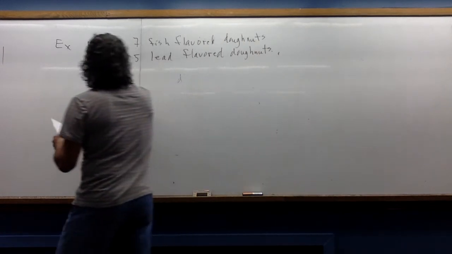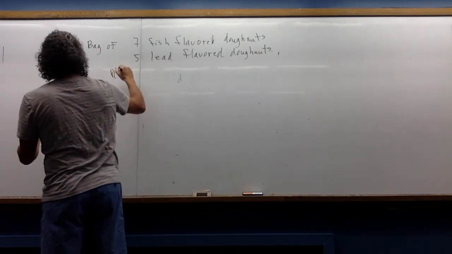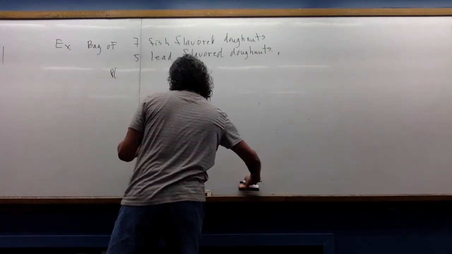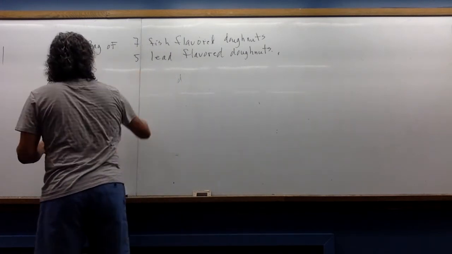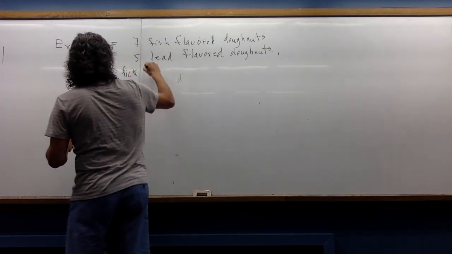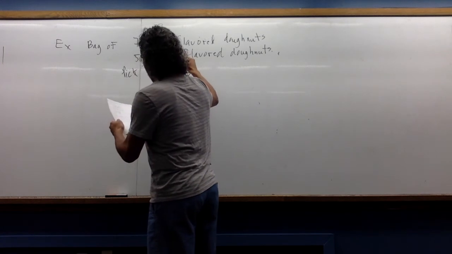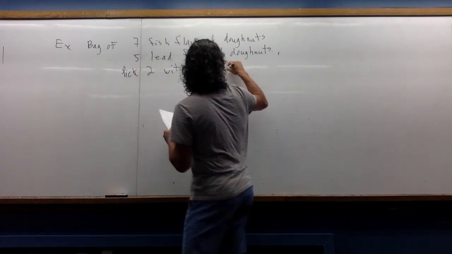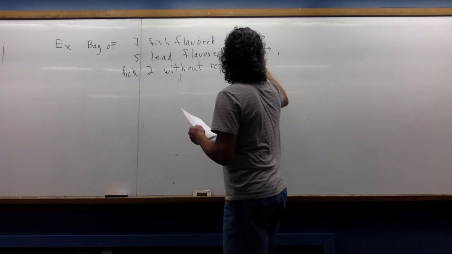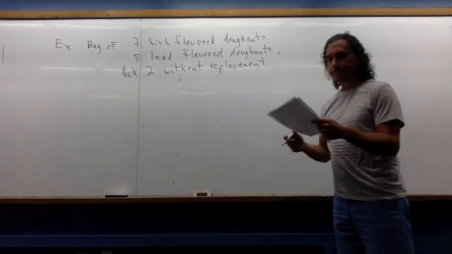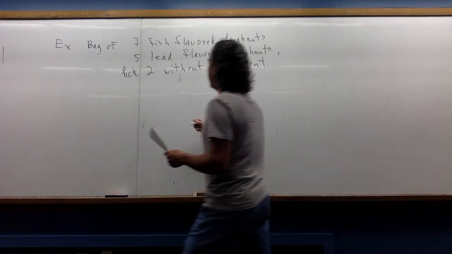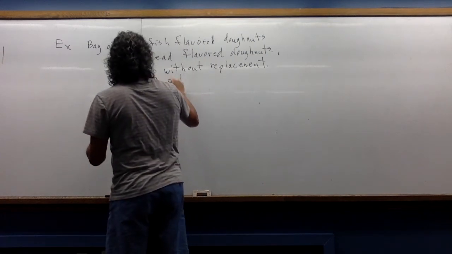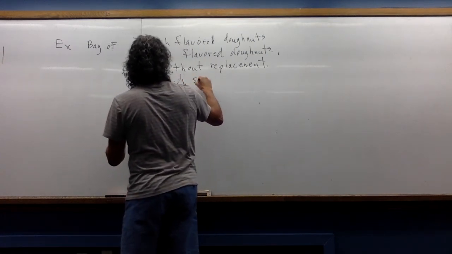We're going to pick 2, I'm sorry, without replacement. Okay, I want the probability of 2 fish-flavored donuts.